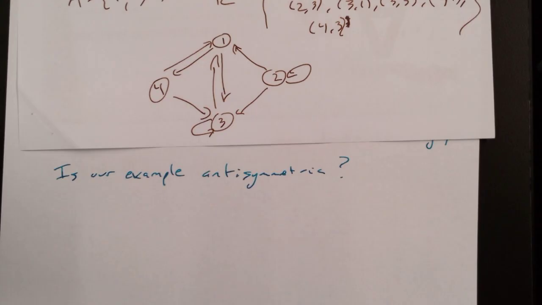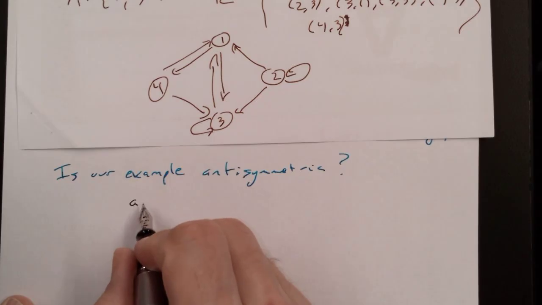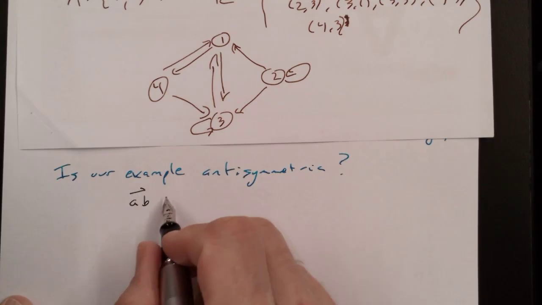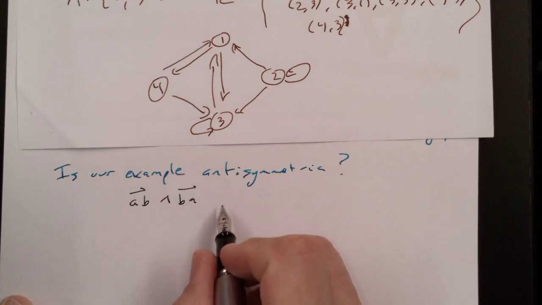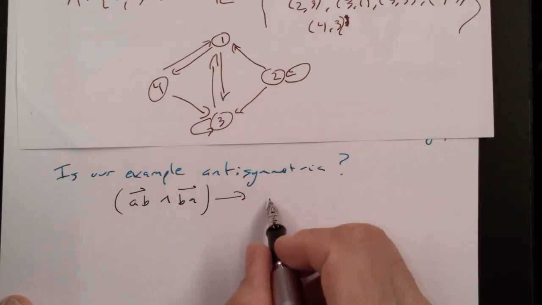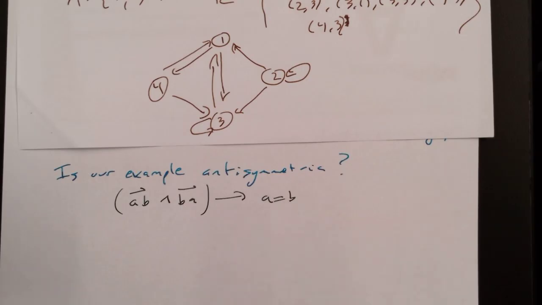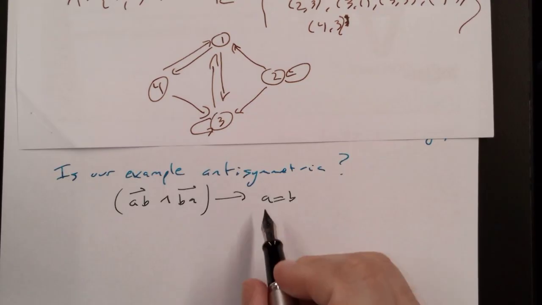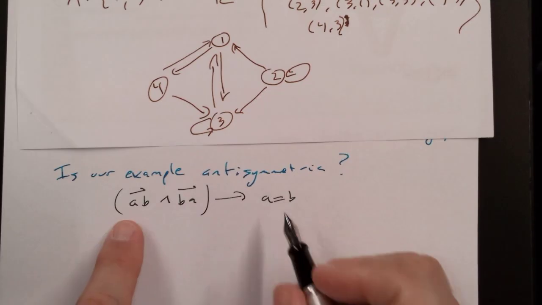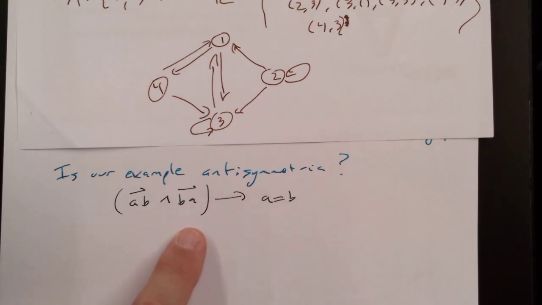If A to B and B to A are in the relation, then A equals B. So if I've got an arrow from A to B and an arrow from B to A, the only way to do that is to go from the node to itself. In other words, if this is my conclusion, that arrow really goes from A to A, and that arrow really goes from B to B.